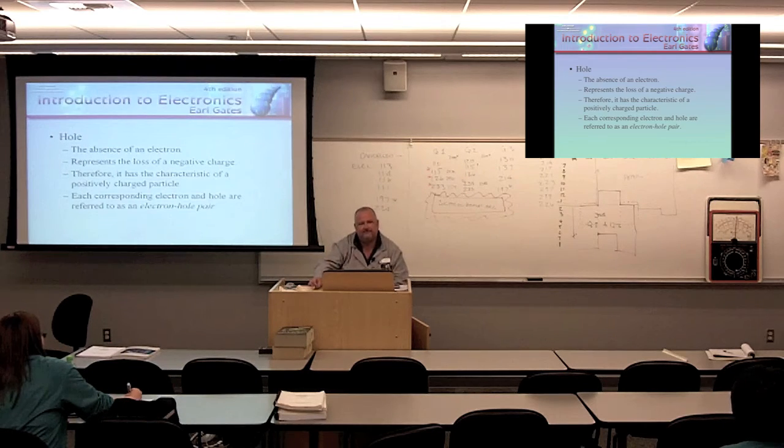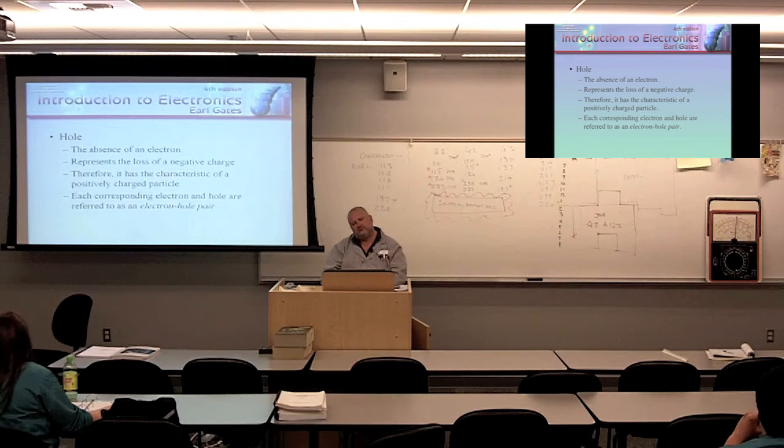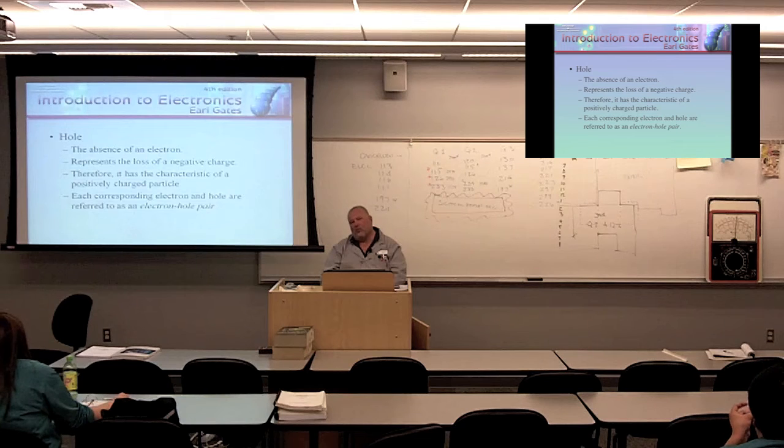Question? If an electron is a particle that actually has some mass, even though it's very, very minuscule, is a hole actually considered to be something that has mass since it's defined as a particle, like an electron, or is it more of a complementary state? More of a complementary state, because that absence of the electron mass-wise is pretty insignificant.